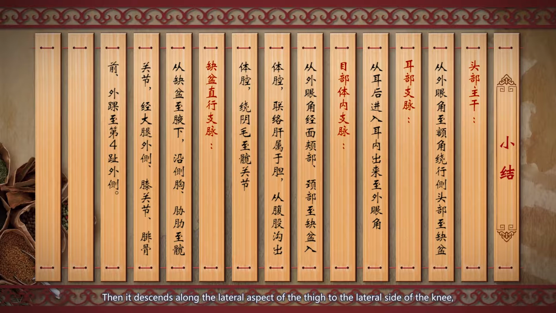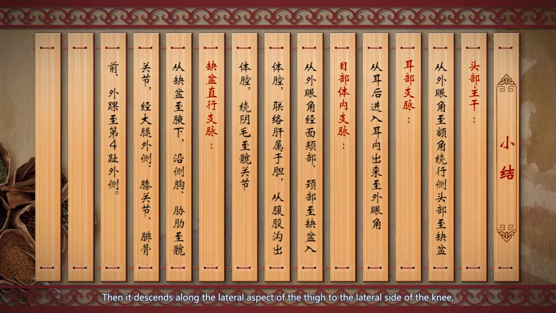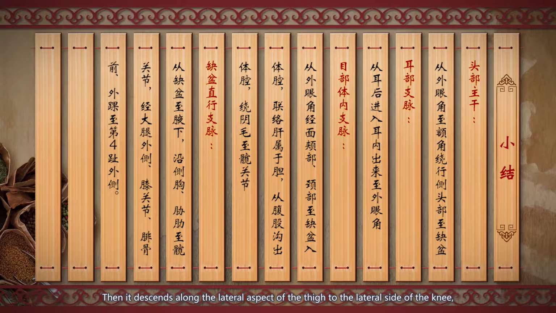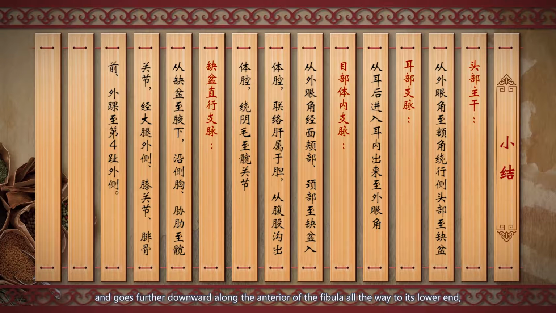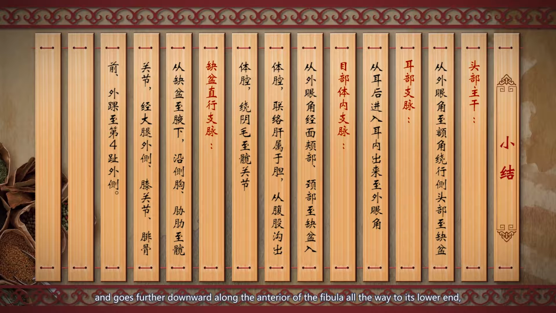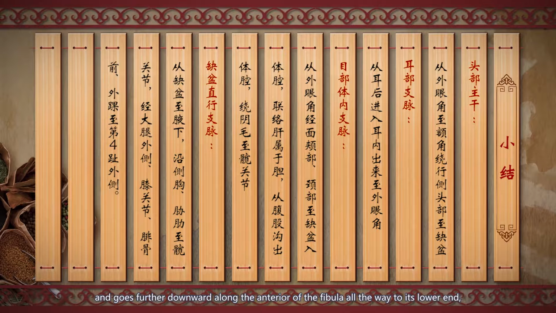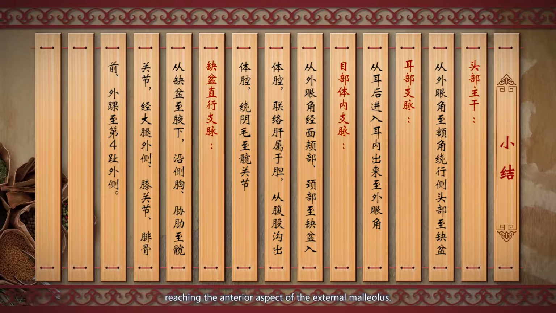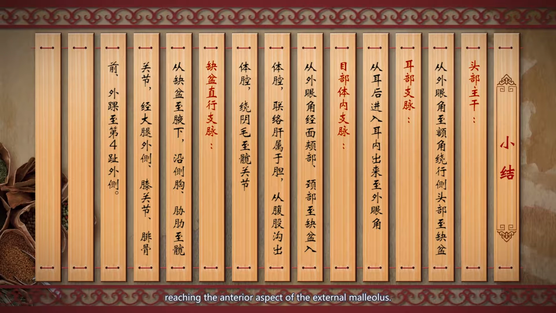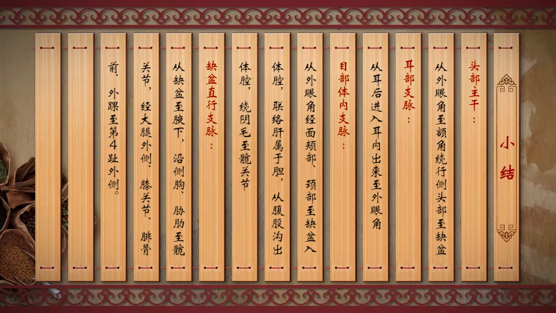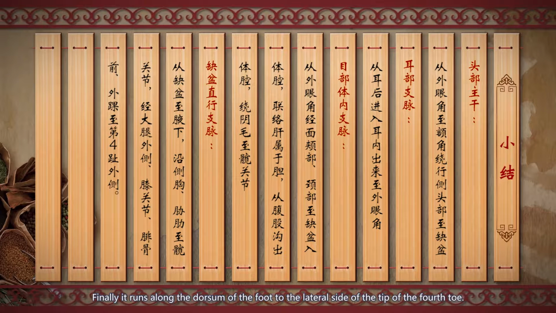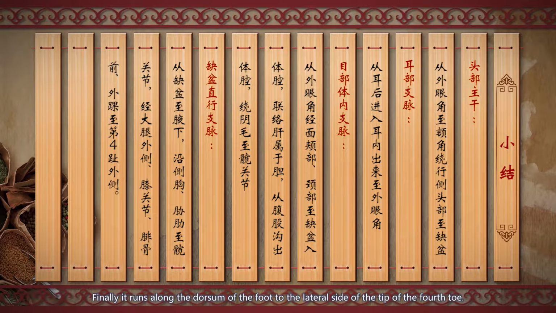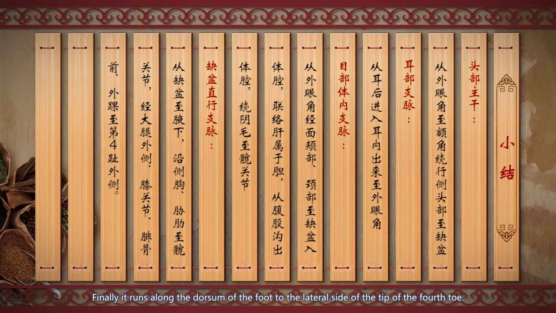Then it descends along the lateral aspect of the thigh to the lateral side of the knee, and goes further downward along the anterior of the fibula all the way to its lower end, reaching the anterior aspect of the external malleolus. Finally, it runs along the dorsum of the foot to the lateral side of the tip of the fourth toe.